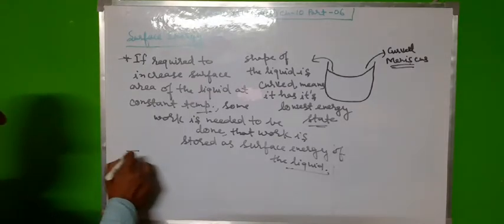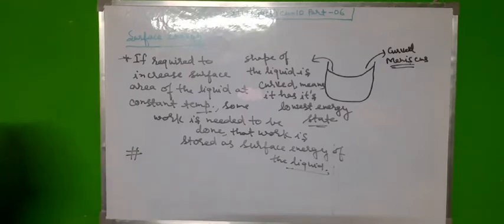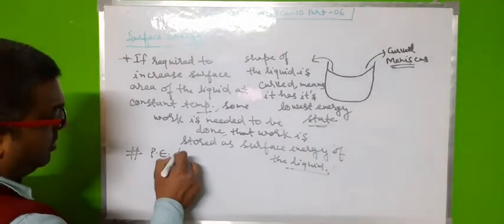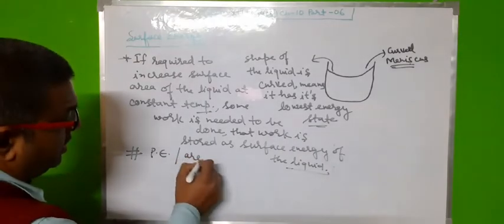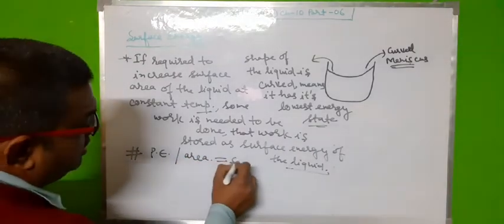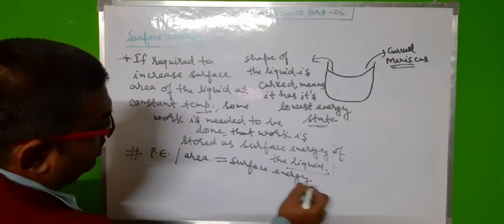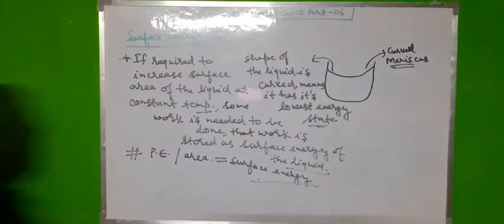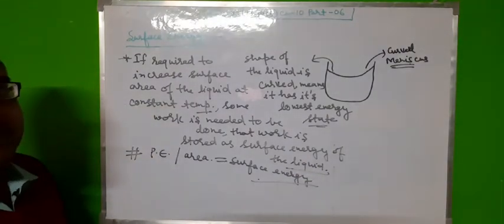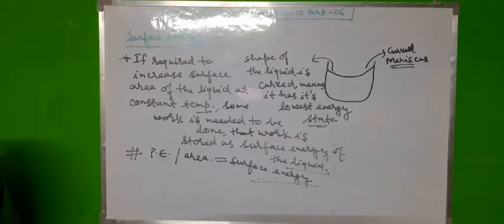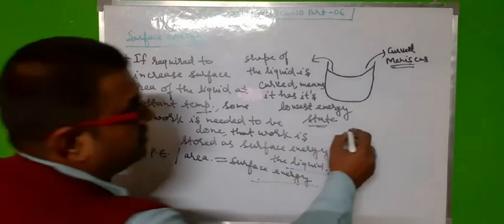So surface energy is nothing but potential energy per unit area. This is called surface energy. Whatever work we have done, the potential energy per unit area is called the surface energy. So surface energy is defined as work done per unit area.